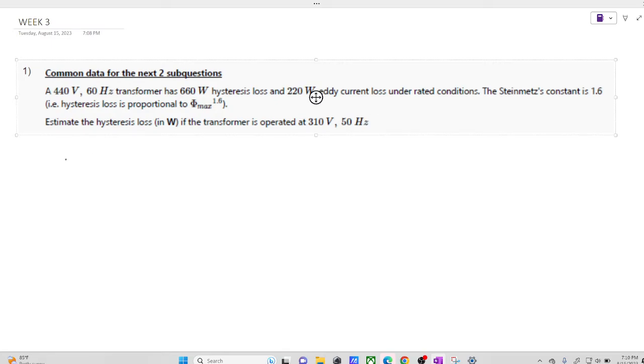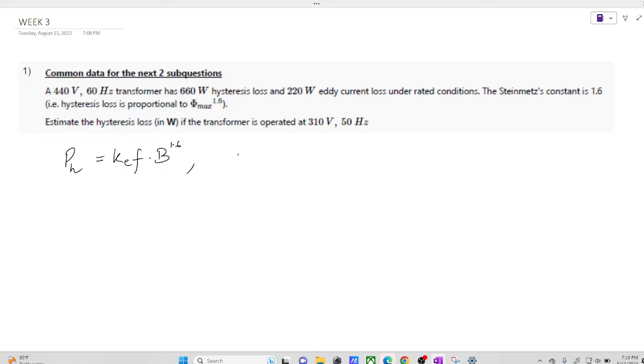You very well know that hysteresis loss is equal to some constant K times F times B to the power of the estimated constant, taken to be 1.6.